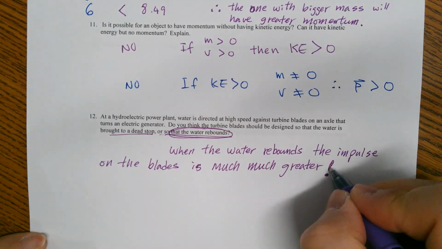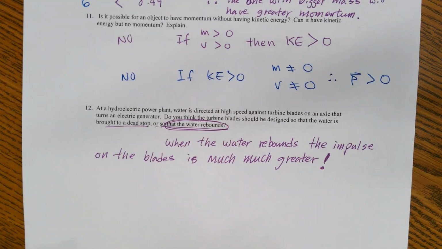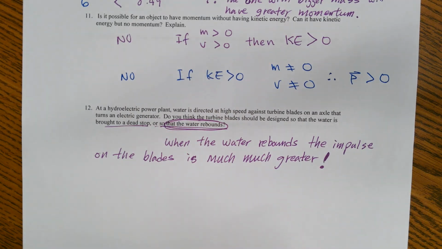In fact, one person during the gold rush, I guess, designed the water wheel so that the blades rebounded the water, so it got a lot more power out of it when you rebound the water from the water blade. Same principle.